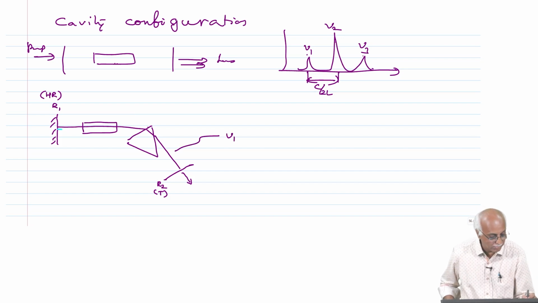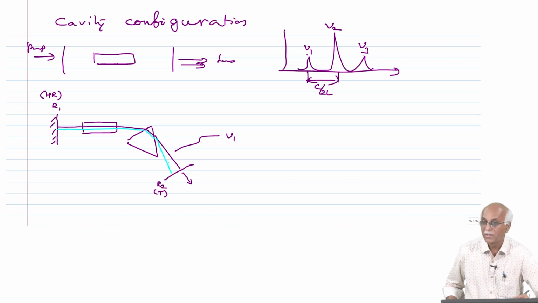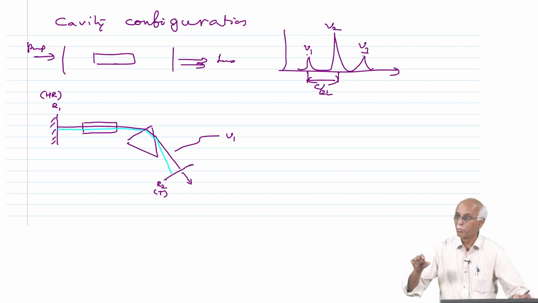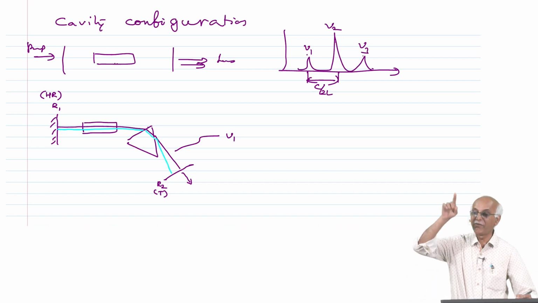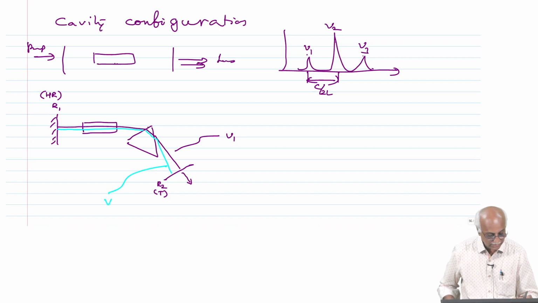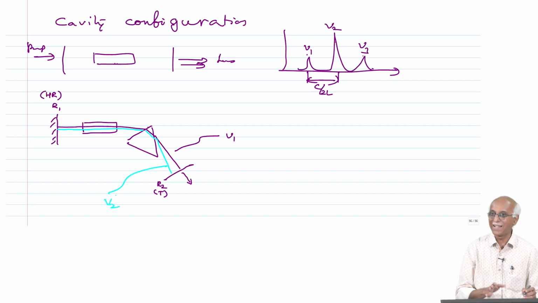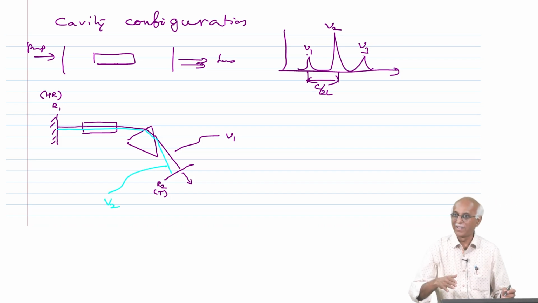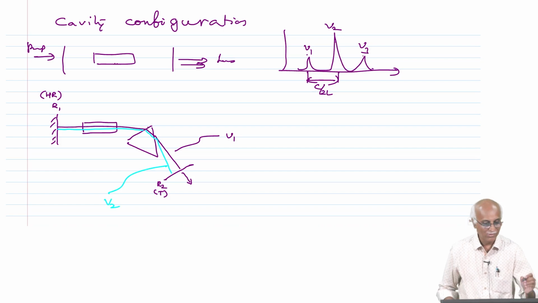Nu2, let us say we represent it with blue, has a different frequency, so a different refraction angle through the prism. The prism will disperse the light depending upon the wavelength and frequency. So, now this is nu2, you are clear? It is very exaggerated, it will not be so far apart in dispersion, but just to show you.